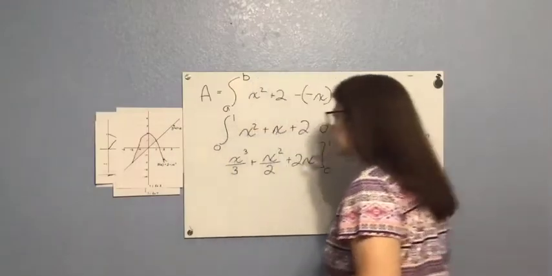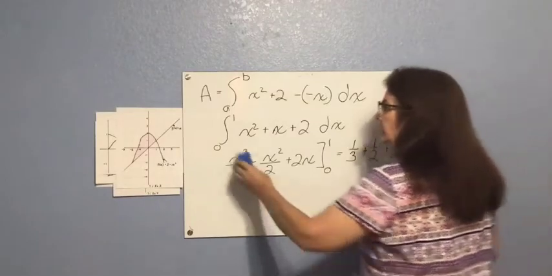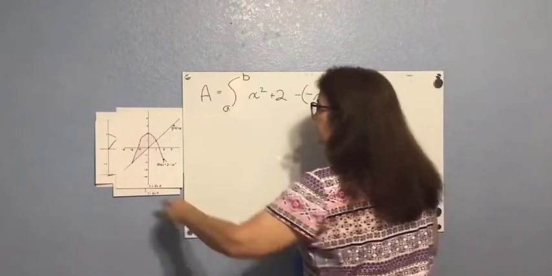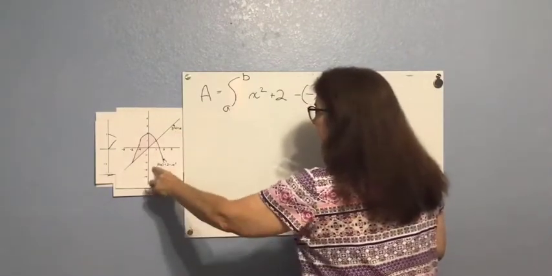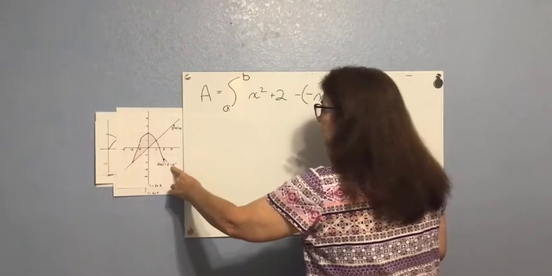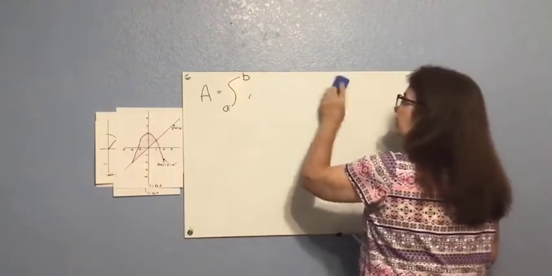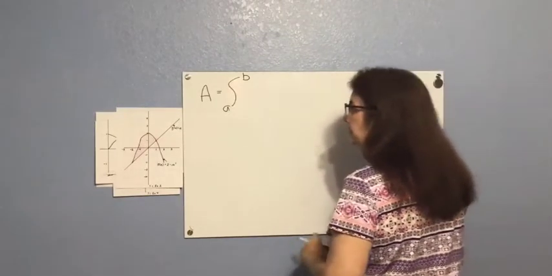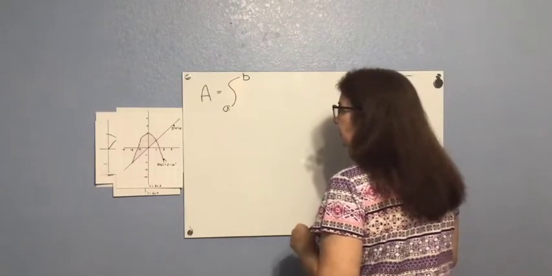In our next example, we're going to look at two functions that intersect. And those are shown here. g of x is equal to x, and f of x is equal to 2 minus x squared. So very similar to the last problem in terms of the functions.